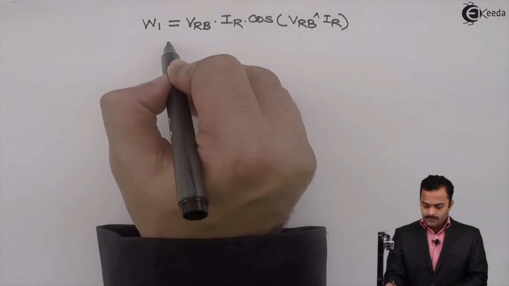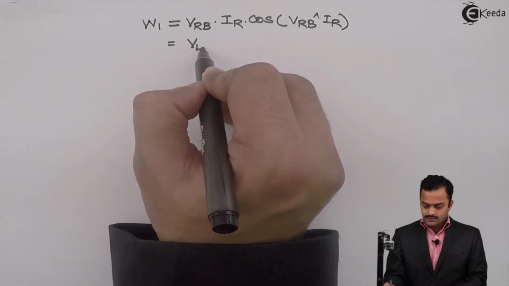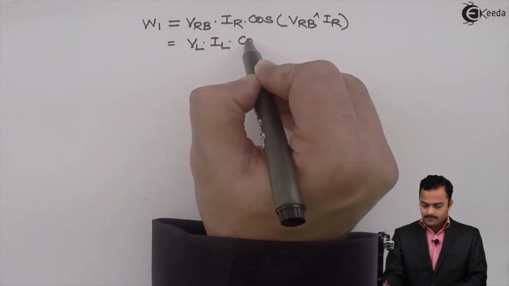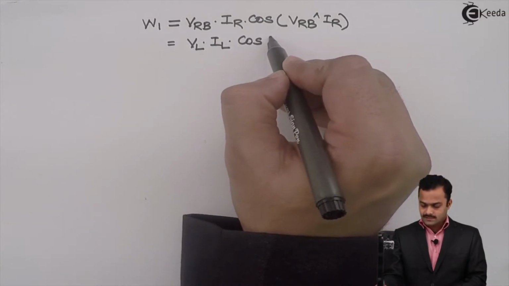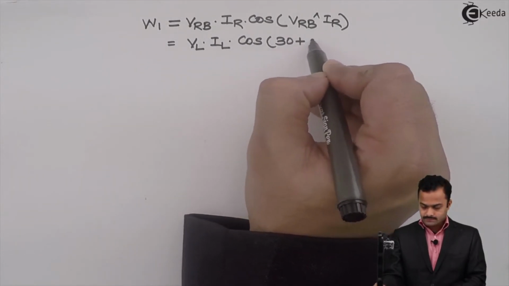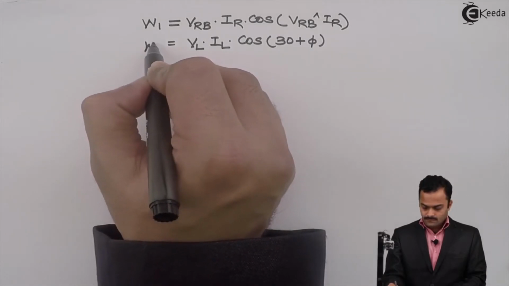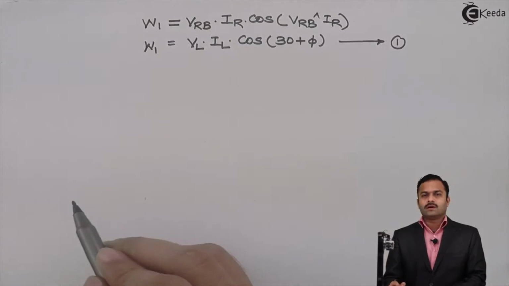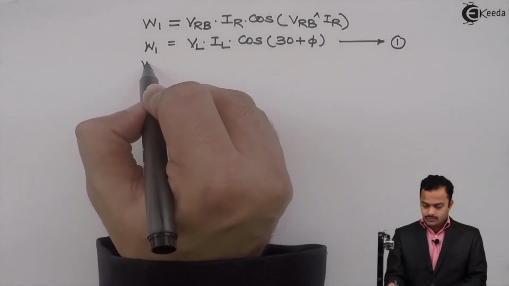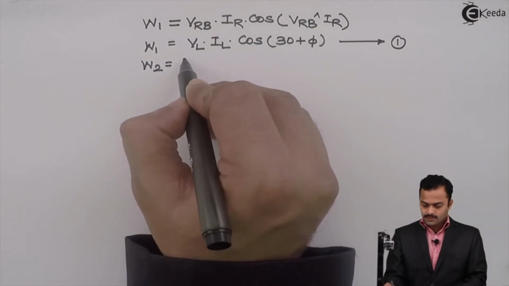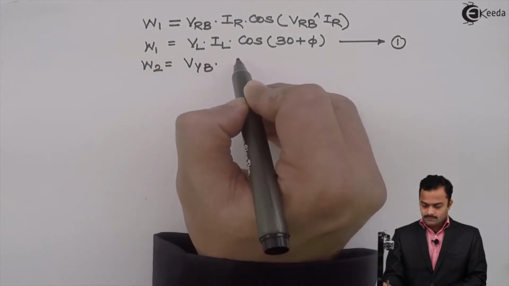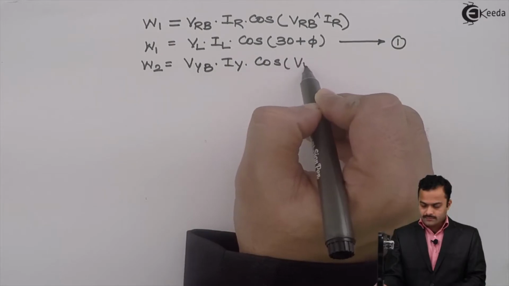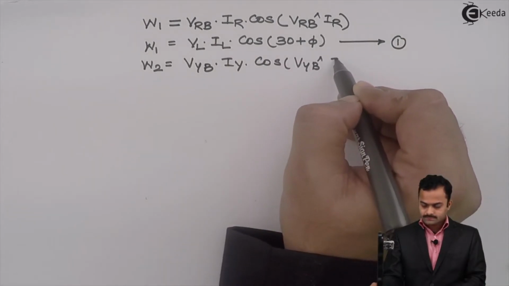Remember, VRB is a line voltage, IR is a line current, and the angle between them we just now calculated, it is 30 plus phi. I will denote this with equation number 1. Similarly, wattmeter 2 reading is VYB multiplied by IY multiplied by cos of the angle between VYB and IY.